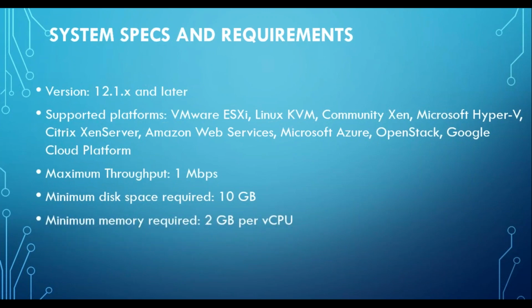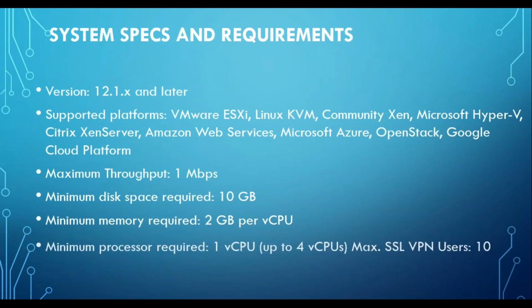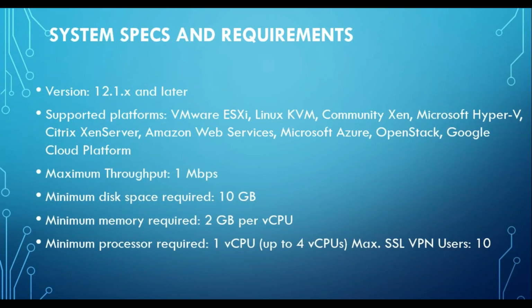Minimum memory is 2 GB per virtual CPU, and minimum processor required is 1 vCPU. If you are trying to provision DNS, it can handle 1000 queries per second. If you have your own laptop with around 4 GB or 8 GB RAM, setting up one F5 device should not be a problem.